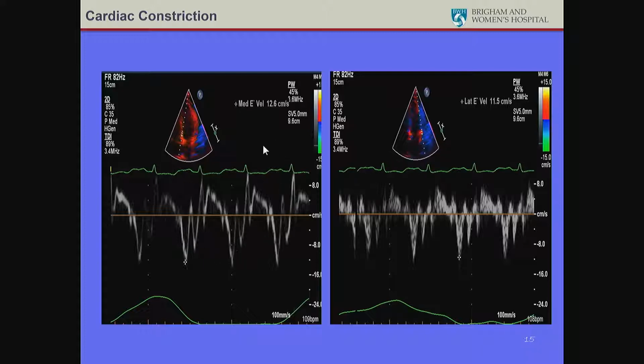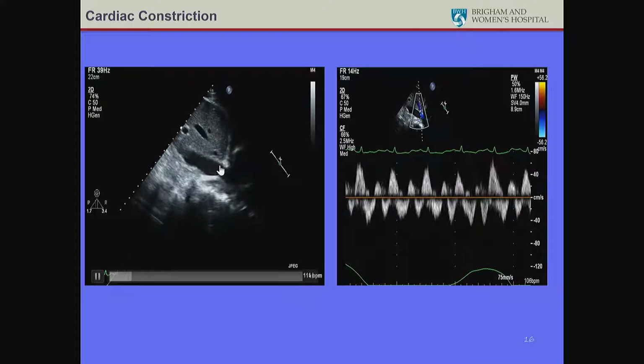So here, E prime of the septum measures 12.6 centimeters per second, whereas E prime of the lateral annulus measures less at 11.5 centimeters per second. Normally, E prime of the lateral annulus is going to be higher than E prime of the septal mitral annulus. This is a highly specific finding for cardiac constriction.